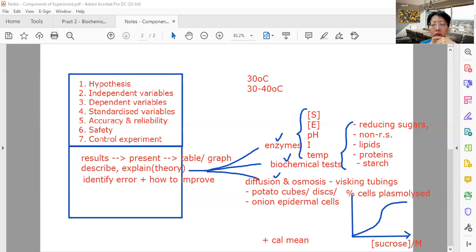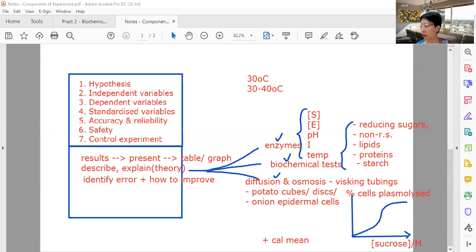So if you are asked, which is the sucrose solution that has got the same water potential as the cytoplasm of the cell? Which is the sucrose solution which has got the same water potential as the cell? So which one do you think is the answer? What are the options again?